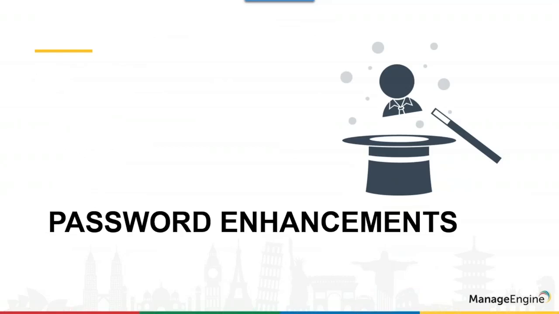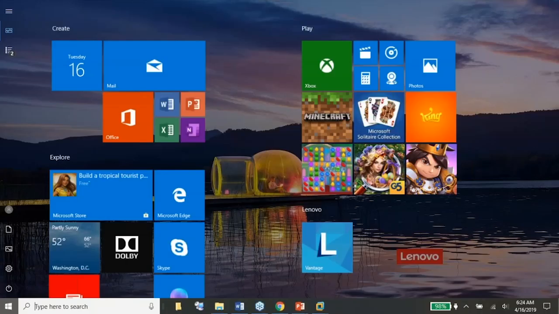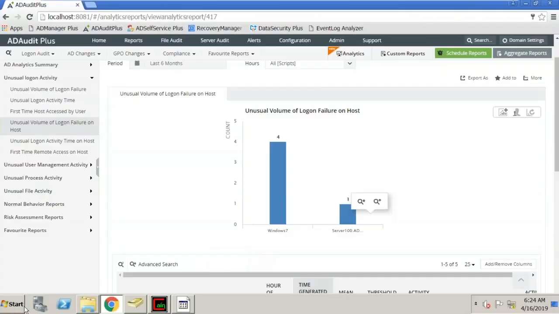Now, let's move on and talk about a second area of emerging technology, which I put under the umbrella of password enhancements. Now, password enhancements, it doesn't sound that important. However, if we look at the foundation for where we've been in Active Directory for 19 years, we're still using weak authentication protocols. We still have a stale password policy. Now, what do I mean by stale password policy?